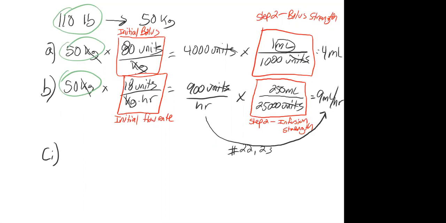So you look at the APTT after 6 hours, and then you look to see what range or what number applies to the 43 seconds. And notice that step 12 makes some adjustments to the protocol. It says to rebolus with 40 units per kilogram, and then to increase the rate by 2 units per kilogram per hour. Are you seeing that?